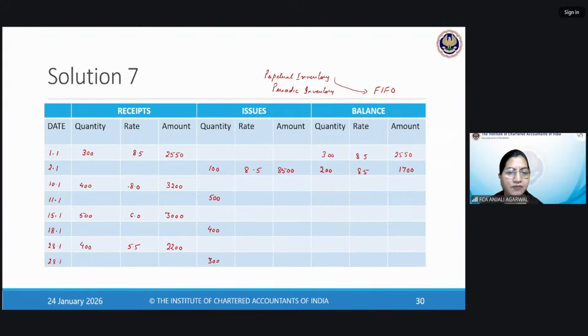However, when on 10th January you receive fresh stocks, your stocks are now 200 at the rate of 8.5 and 400 at the rate of 8. So maybe you write the initial amount left, or you may write the total here, 1700 and 3200. So the most important question comes up here, 500. Since it is FIFO, first this will go, and the remaining units will go from here, 300 from here.